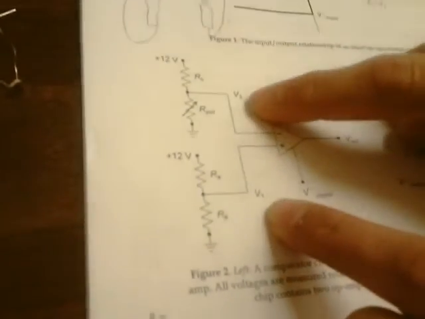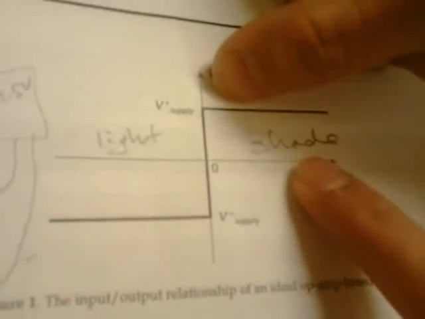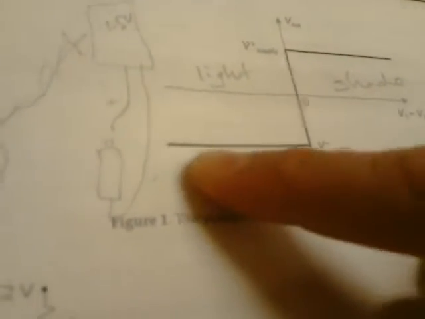If V1 is greater than V2, then based on this graph, V out is going to be V plus supply. And if V1 is less than V2, then V out is going to turn into V minus supply, which is this one right here.